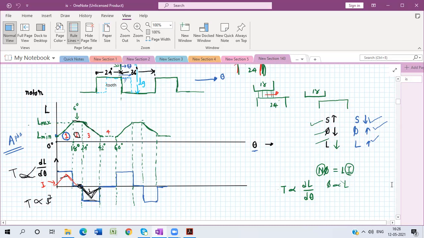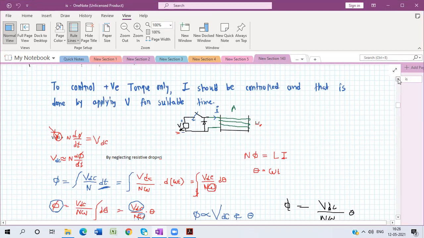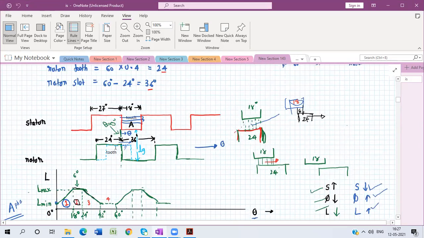Why is the stator pole width lower than the rotor pole pitch? Here you will see the rotor tooth, and here the stator tooth. Which one is wider? In this diagram, this is the stator tooth and this is the rotor tooth. Which one is wider? Yes, the rotor tooth is wider than the stator.